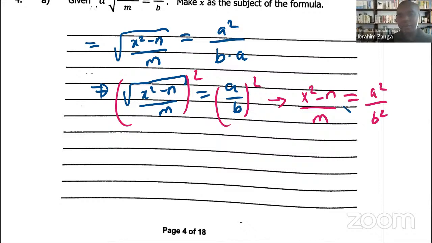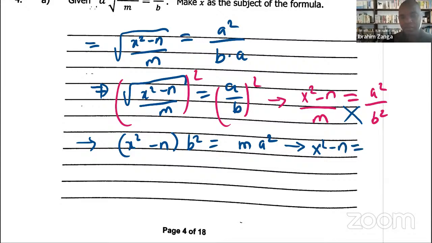Now the next step, cross multiplication. When you cross multiply, you have x squared minus n times b squared equals m a squared. You divide by b squared, and you say that actually x squared minus n equals m a squared over b squared.